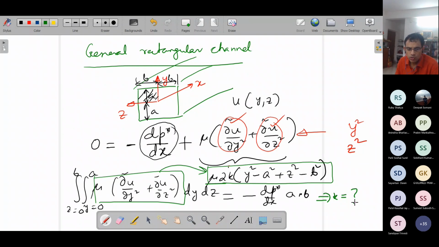So very easy to do, but the question is how accurate is this? What we have done is we have satisfied the boundary conditions, and we have satisfied the governing equation not locally but in an integral sense, integrated over the entire section.